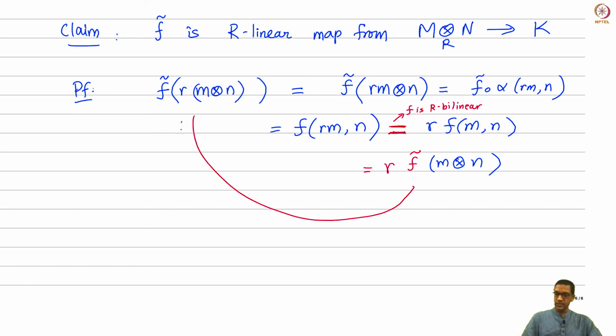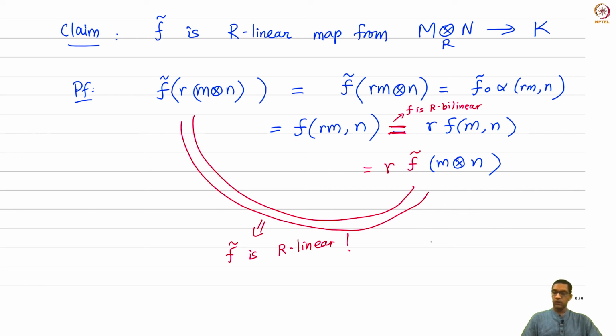So look at this final equation here. This says f tilde of r times something is r times f tilde of that. So this just tells me that f tilde is not just Z linear, it's actually R linear. Okay, so that's what we set out to prove, that this map is R linear.